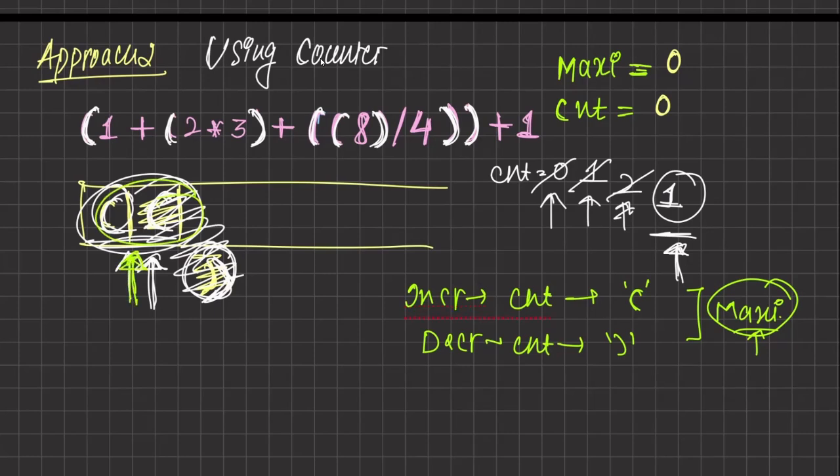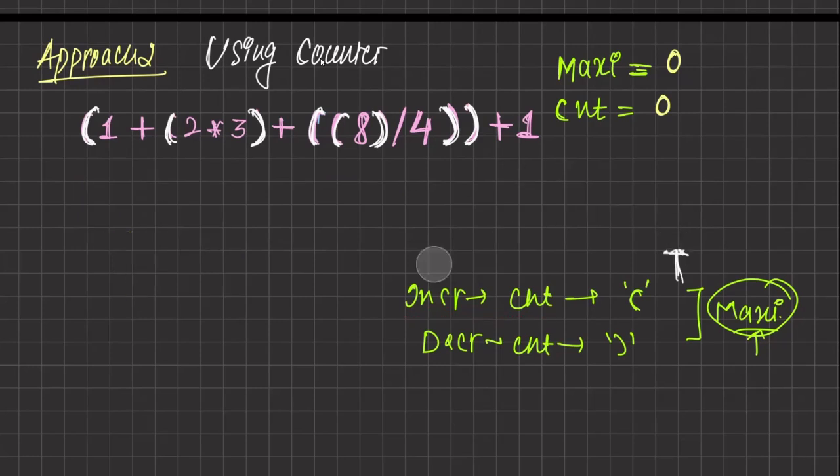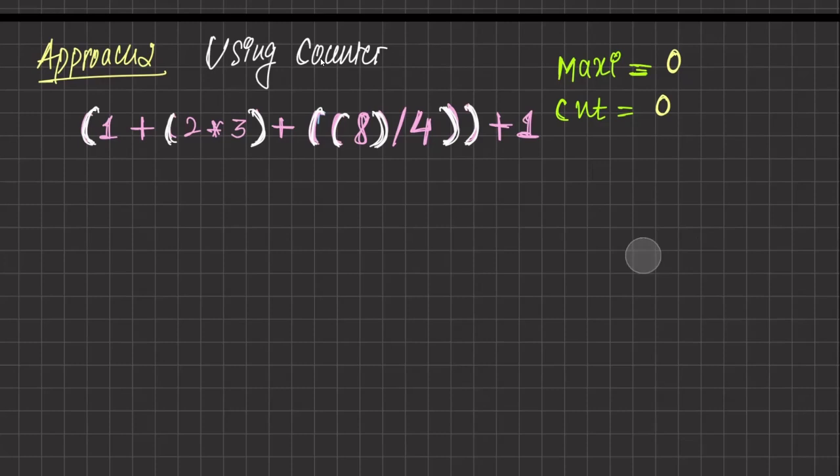So let's dry run this first so that we can better understand what is happening. We got an opening parenthesis, increment the count variable and take the maximum. 1. Skip it. Opening parenthesis, increment the count variable, find the maximum. 2, 3. Skip it. Now closing parenthesis, decrement the count variable. It's like we are popping out from the stack. Decrement the stack size.